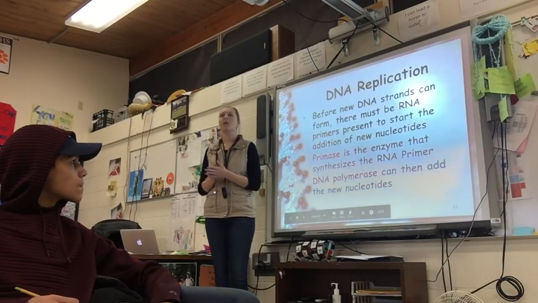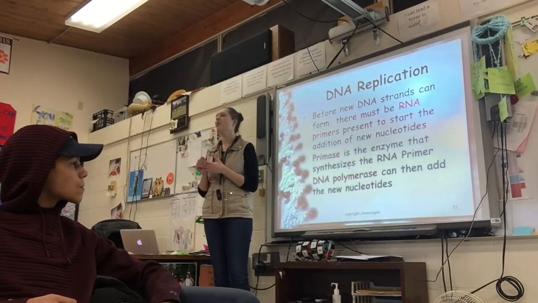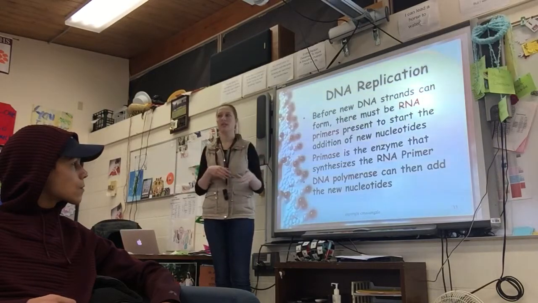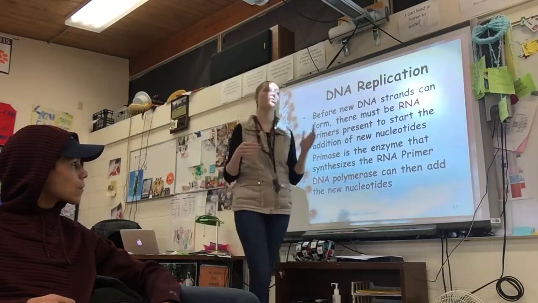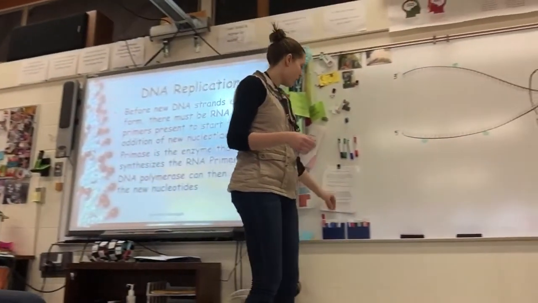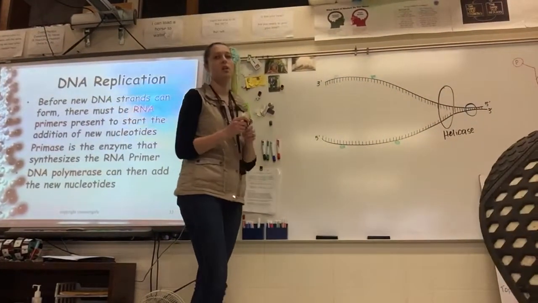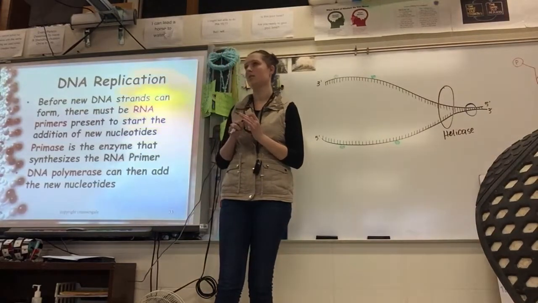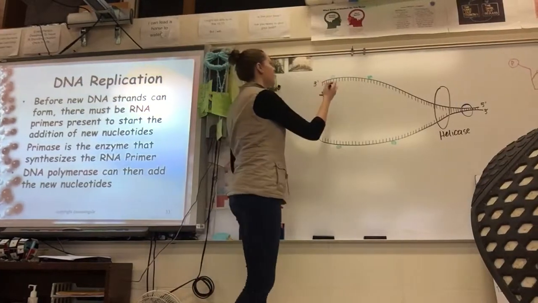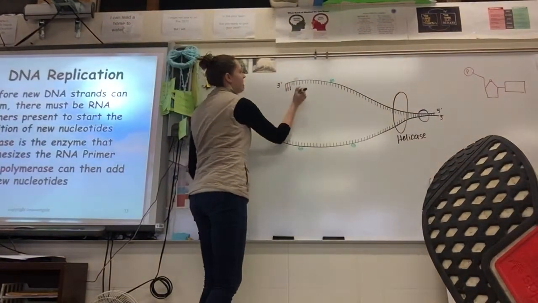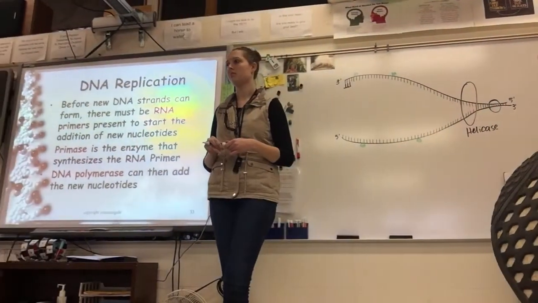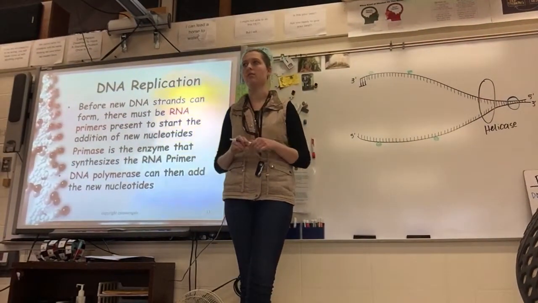The next part of it is we're going to lay down what we call a primer. We can't just start adding DNA nucleotides. We have to start with what's called a little primer. So an enzyme called RNA primase comes in and lays down about 10 base pairs of RNA, just a little chunk of RNA in there.